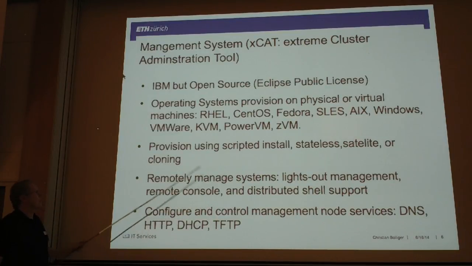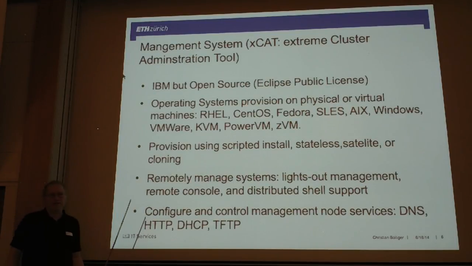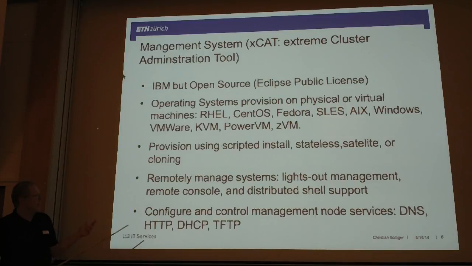XCAT has different modes, not so interesting for us at the moment. It also handles the lights out management, the out of band management. It's made for IBM. There are some plugins for HP. They haven't been upgraded for a long time.